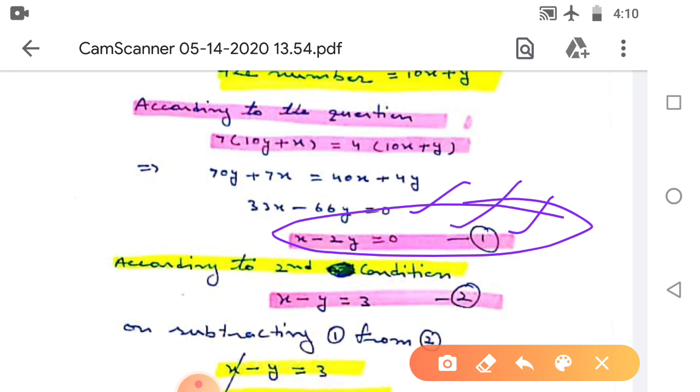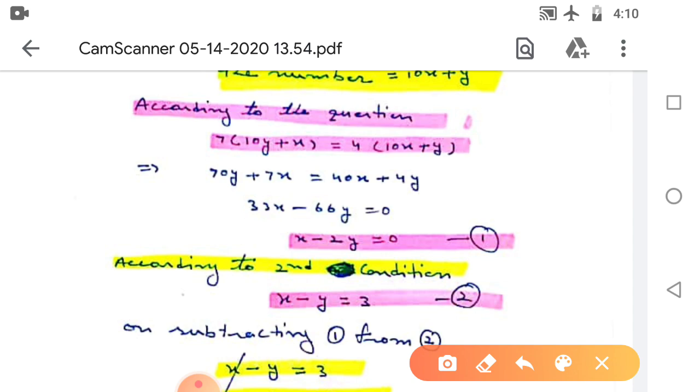Now come to the second condition, the difference is 3. So x minus y is equal to 3. Here we are not taking y minus x is equal to 3, it's x minus y is equal to 3, because by the first condition, 7 times the original number is 4 times the number obtained after interchanging the digits.